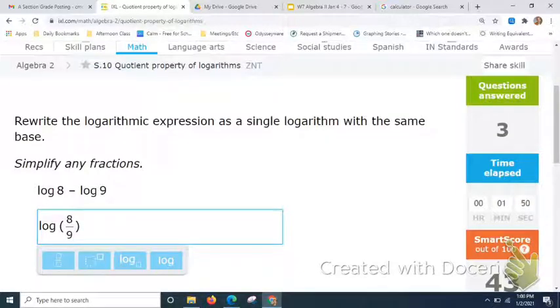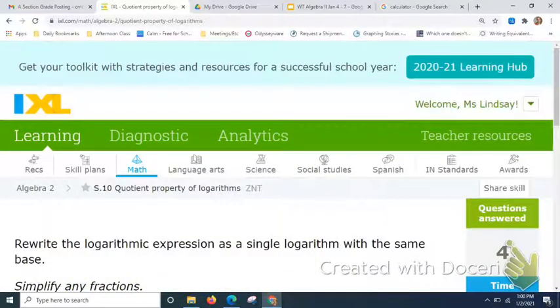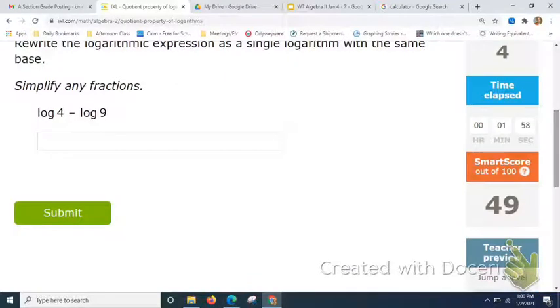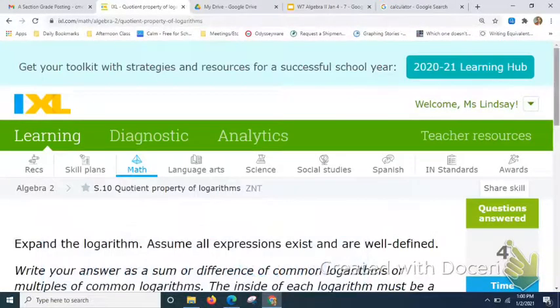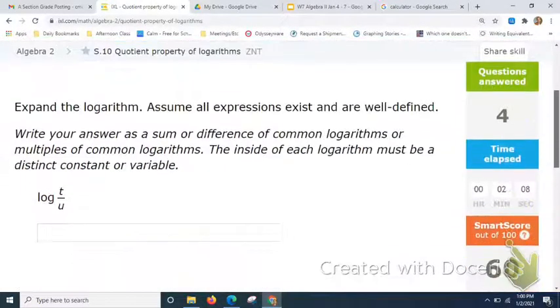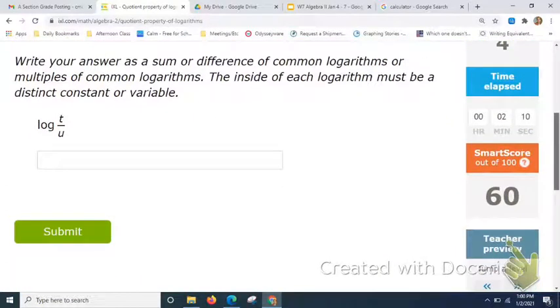All right, so single log. Now, if the 4 over 9 would reduce or something, then you should simplify that. So that's what that's about. This would be a minus in the middle, log t minus log u.